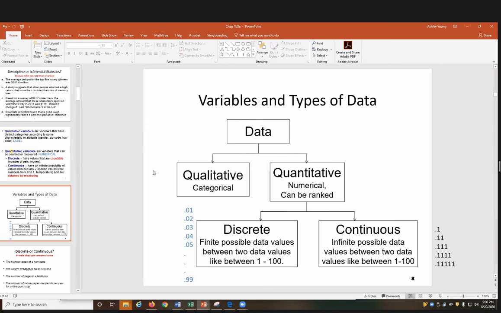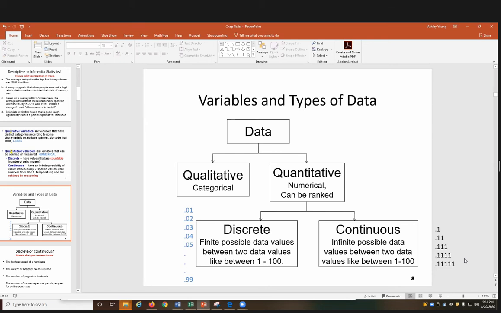Continuous, however, between 0 inches and 1 inch, if I'm measuring, I could have 0.1 inches, which is different than 0.11 inches. Imagine zeros behind all of these, which is different than 0.111 inches, which is different than 0.1111 inches. So I can just keep going on and on like that forever because it doesn't have a fixed number of decimal places, and I would never even get to 1.2 inches.